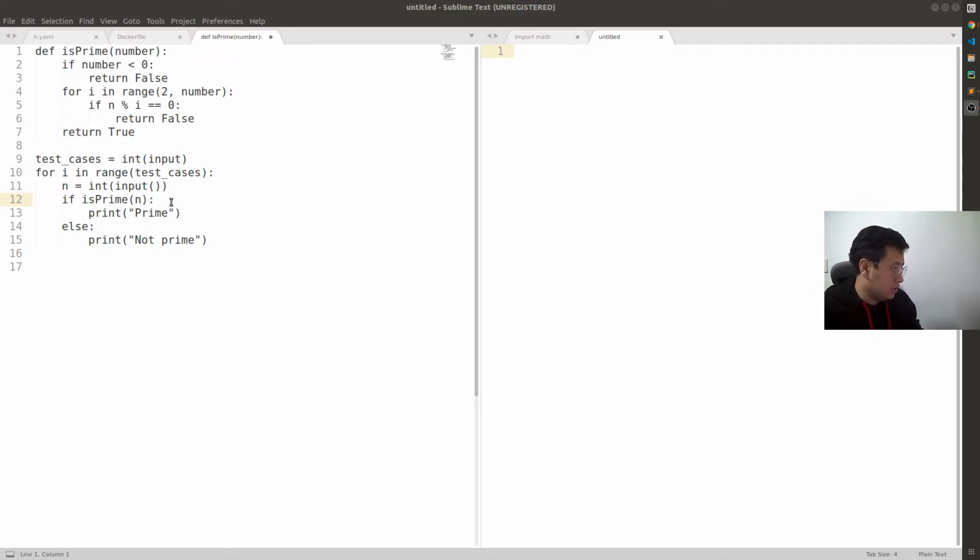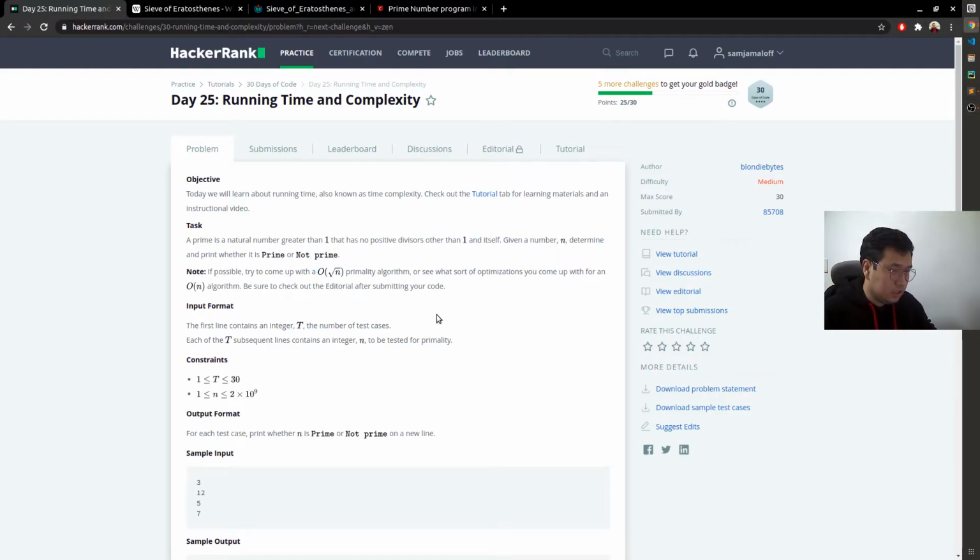But here is the deal, guys. In our task, it is running time complexity, right? Running time complexity is expressed in big O notation, log n notation or theta notation, those kinds of things.